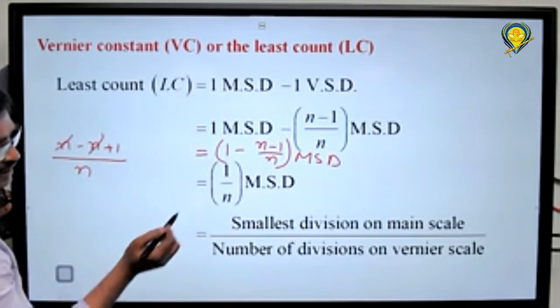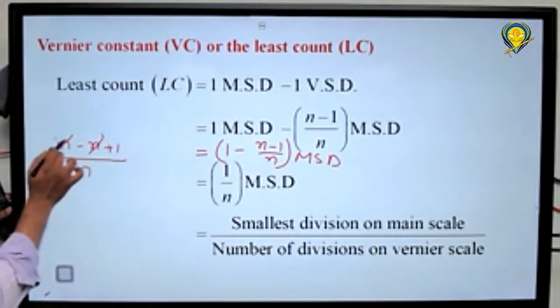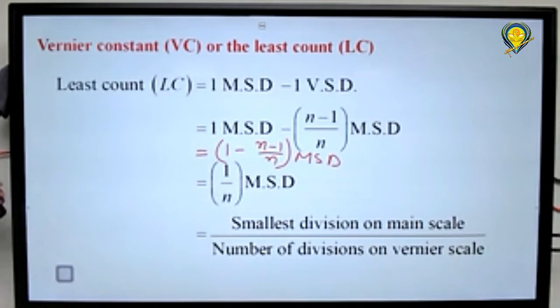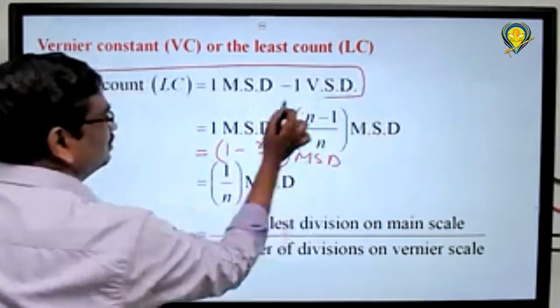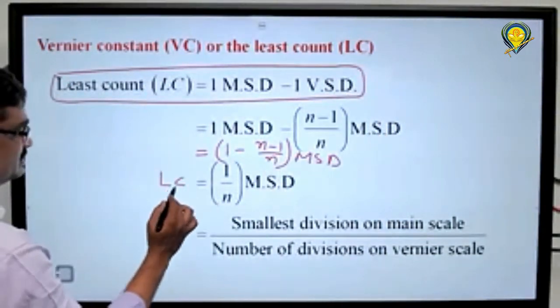Then you will get 1 by n main scale divisions. So least count is 1 by n main scale divisions. This is the basic formula you need to remember.